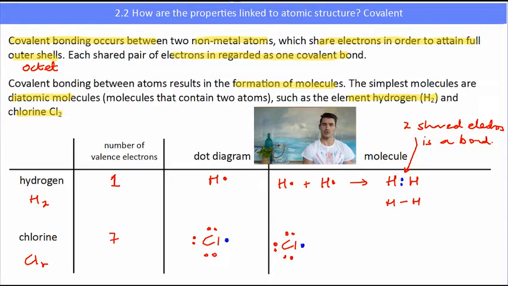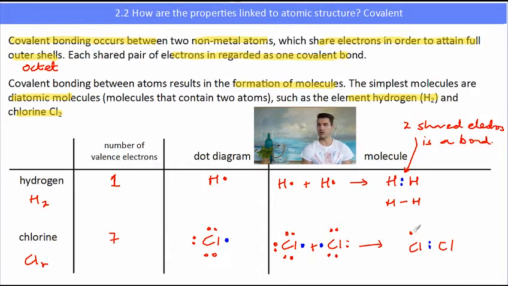So when we have two chlorines, with 7 electrons in the outer shell, they want to share that one electron that's by itself to form a pair. And in that arrangement, when they share the electrons, we have a pair of electrons shared between the chlorines, which gives us a single bond.